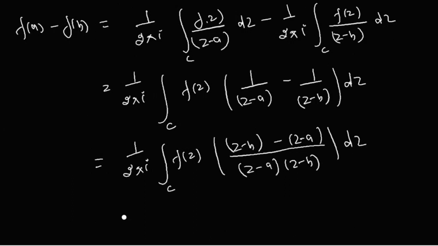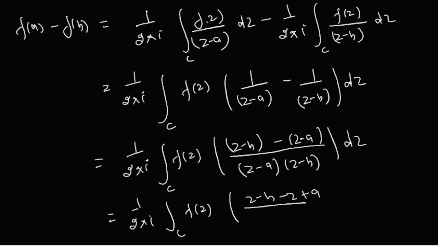Which is equal to 1 upon 2 pi i integration over C f of z, (z minus b minus z plus a) upon (z minus a)(z minus b) dz. You can see the z and z cancel out, so we can write a minus b upon (z minus a)(z minus b), and a minus b is a constant, so you can take it outside the sign of integration.